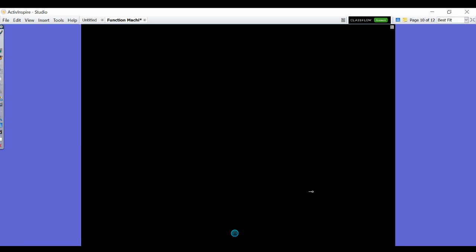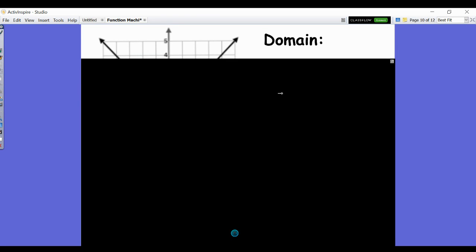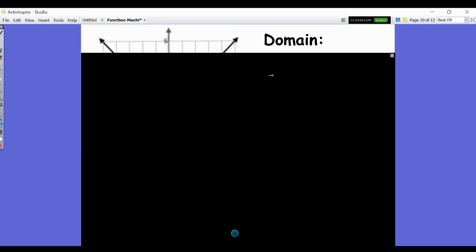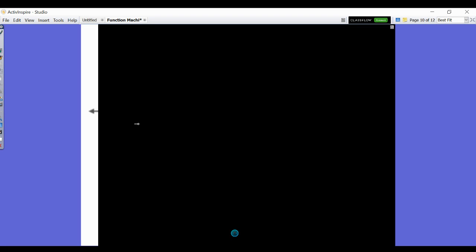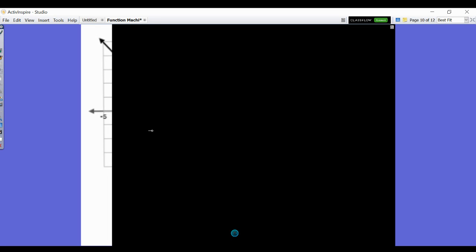I've got this black screen here, and I have the ability to slide it. Because I'm doing domain, I'm going to go from left to right, and I'm going to go as slowly as possible, because what I'm looking for is as soon as the picture of my graph starts.